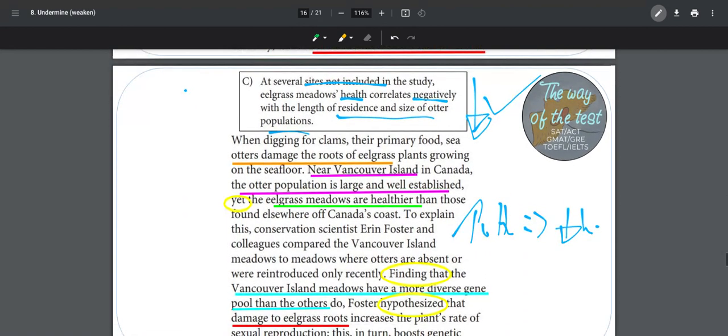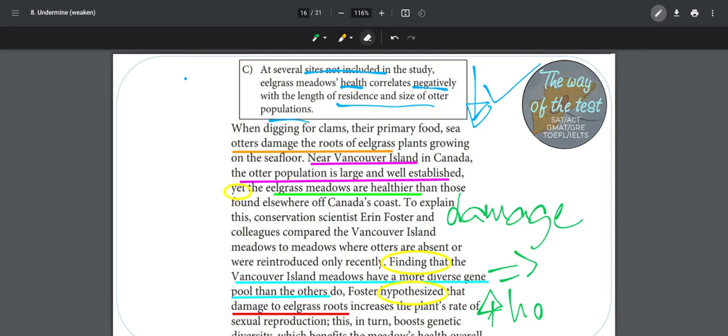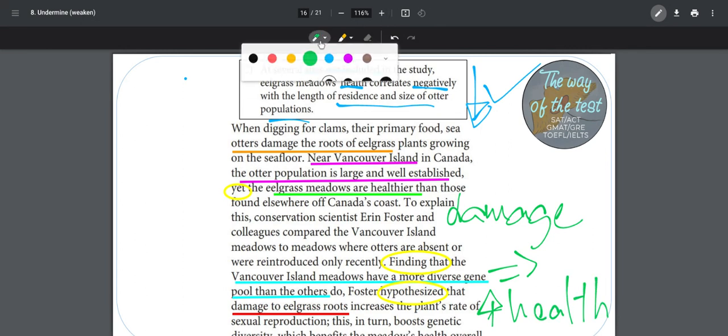Now we're going to analyze C. I'm going to try to make my handwriting a little bit better. What it says is damage increases health. But remember, this is the thing that we want to weaken. This is the thing that we want to make wrong. So here what it's saying is, at sites not included, so somewhere else, eelgrass meadows health correlate negatively with the length of residence and size of otter populations.